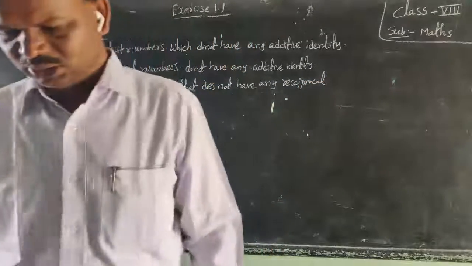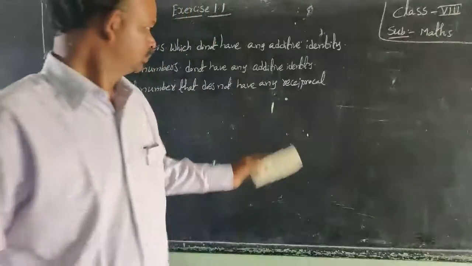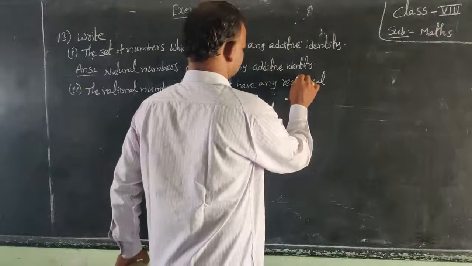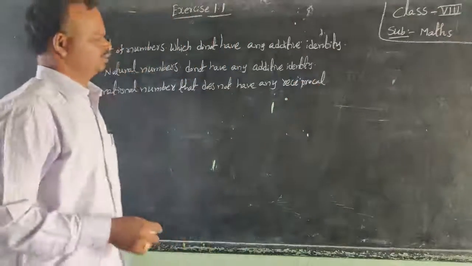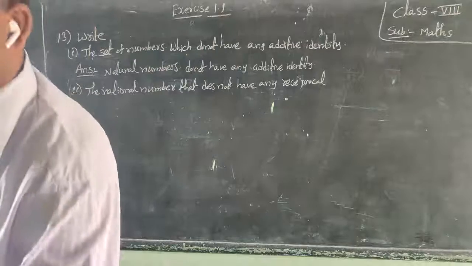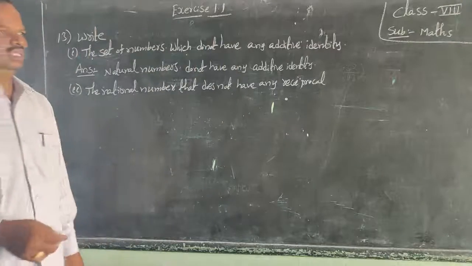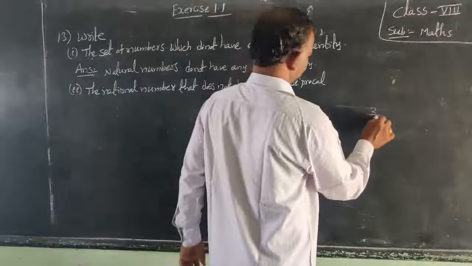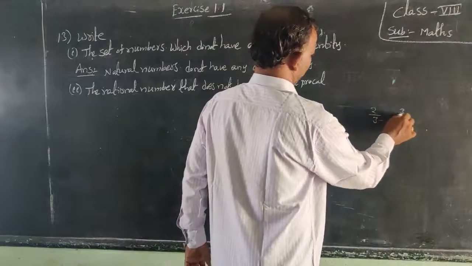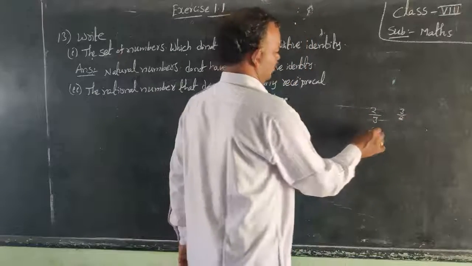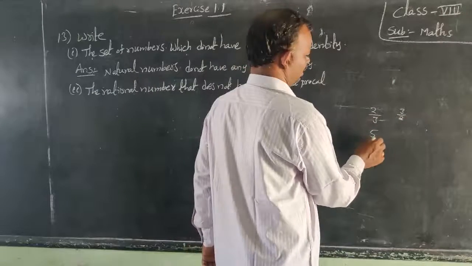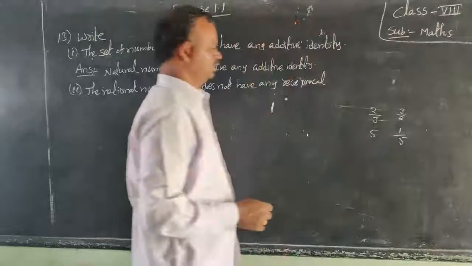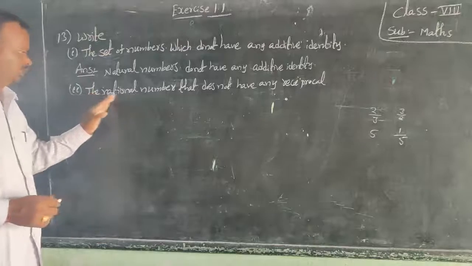For example, 2 by 3 is a fraction, the reciprocal is 3 by 2, that means the reverse value. And also 5 is any integer or any rational number, its reciprocal is 1 by 5. So the question is about the rational number.